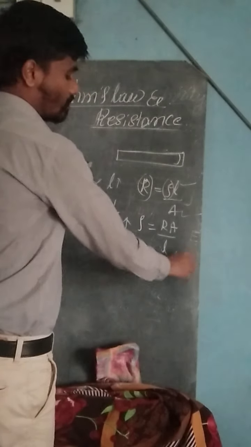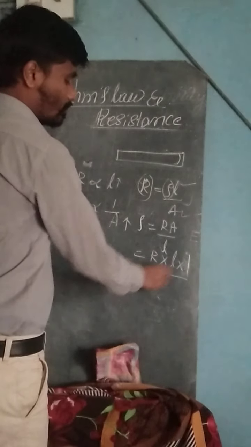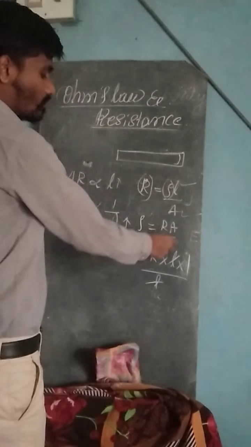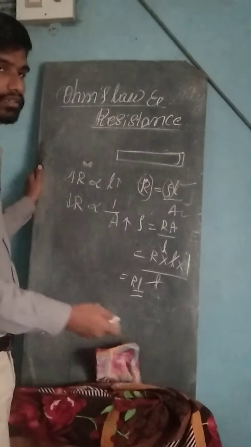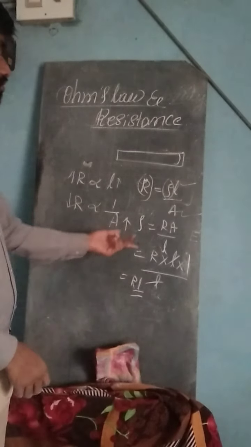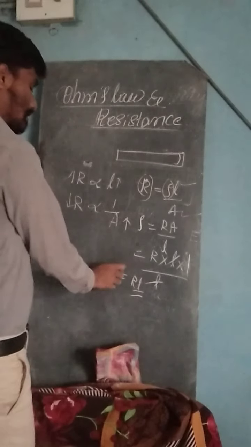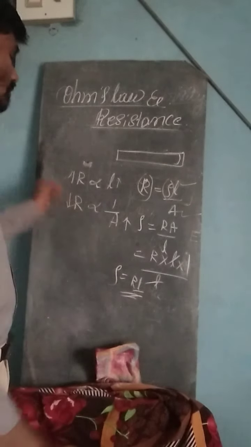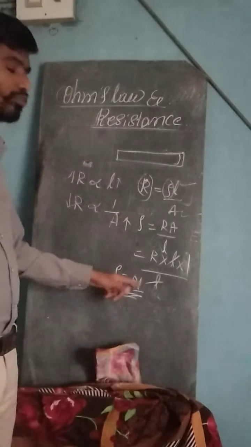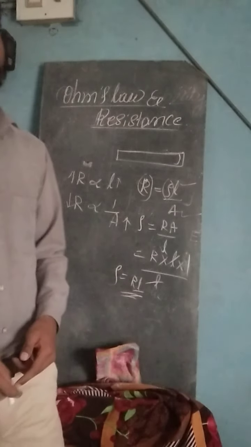So I take length into length, and one length will be cancelled. So here R into L, to write directly. So rho is equal to RA by L. The resistivity SI unit is ohm meter. Ohm meter is the SI unit of resistivity.